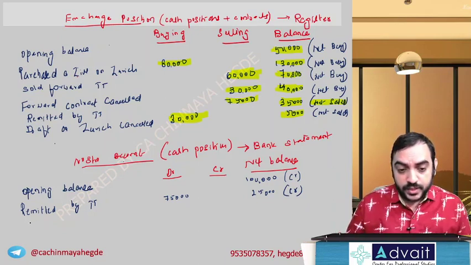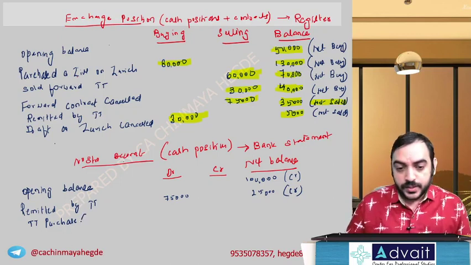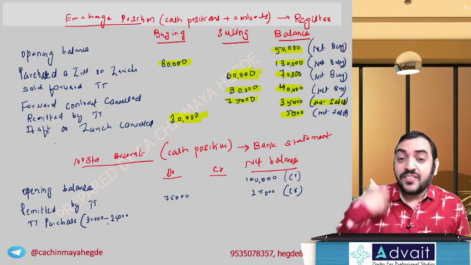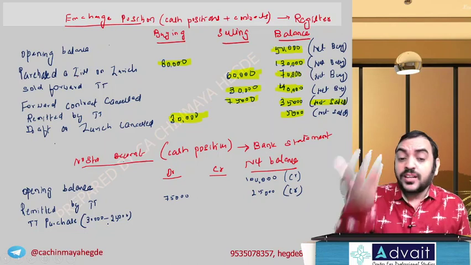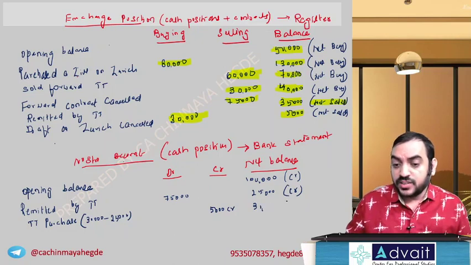So here we say TT purchase: 30,000 minus 25,000. We additionally get the amount and deposit it. So 5,000 extra, and it becomes 30,000. Our balance of 30,000 is achieved.